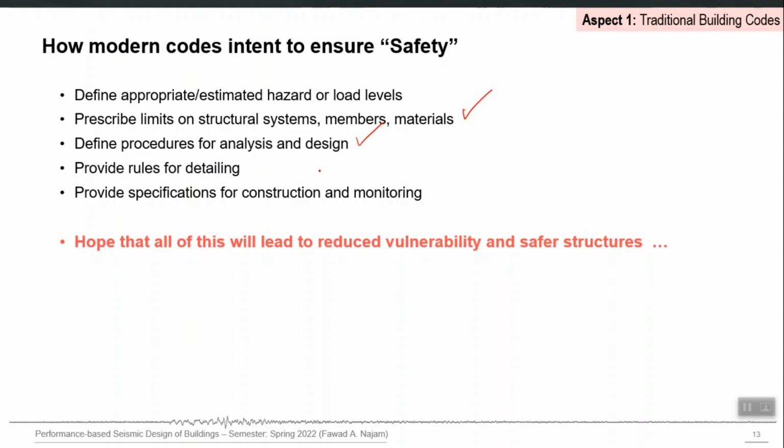Even the rules for detailing are explicitly mentioned, and they provide specifications for construction and monitoring also. And we hope that if we follow all of this, it will lead us to reduced vulnerability and safer structures, right? So, we follow it and it is assumed that we will be safe, right?